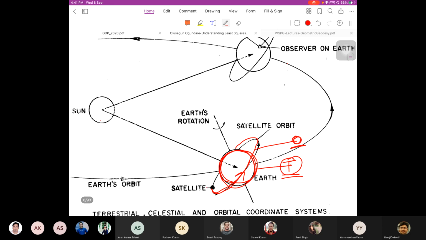And when we move out so much that we have the sun and stars in the picture, then we are working in celestial space. We have to work in the celestial sphere.